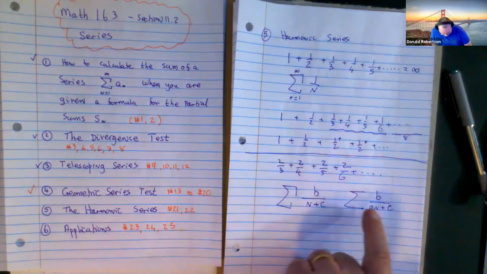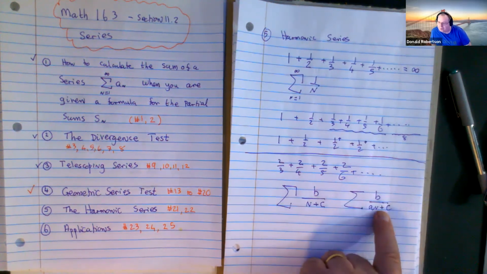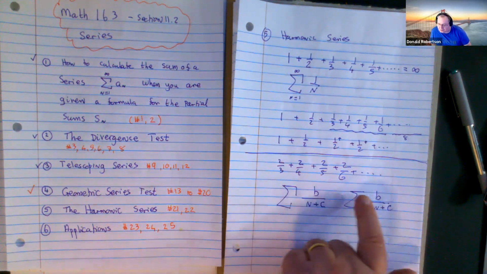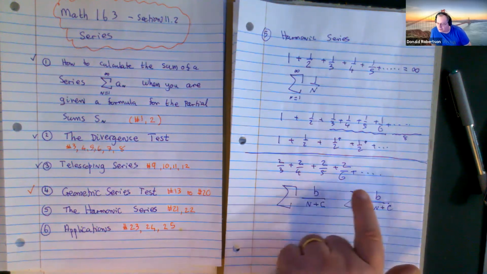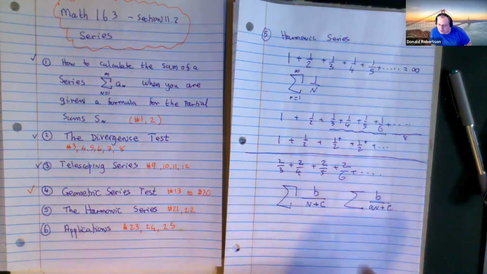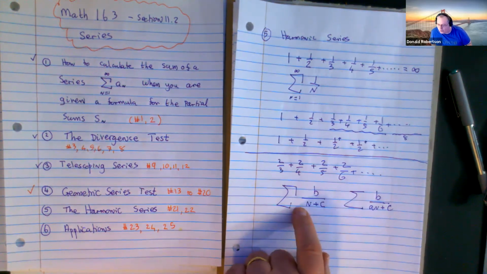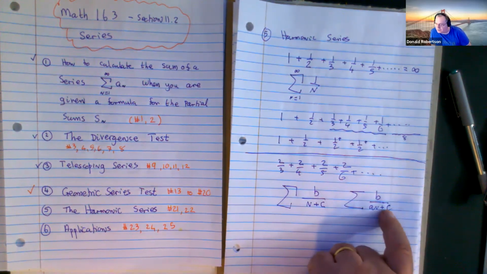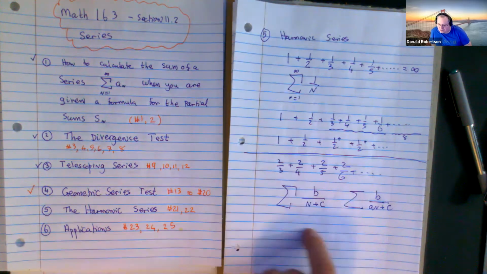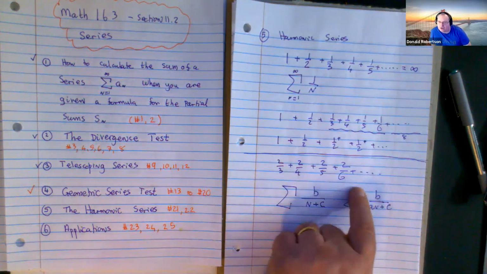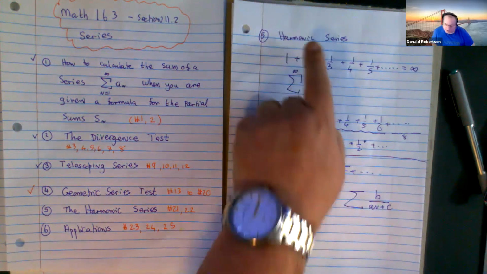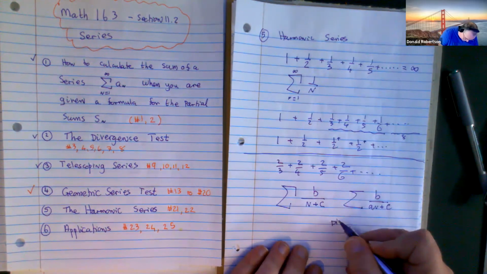They all have a linear term on the bottom. The top term is just a number. It's going to be 5, it's going to be 6, it's going to be 22, and the bottom is going to be n plus 1, n plus a half, 4n plus 7, 4n take away 7. If you ever see a series that looks like this, you're in the harmonic series family. And so your answer is that it diverges.